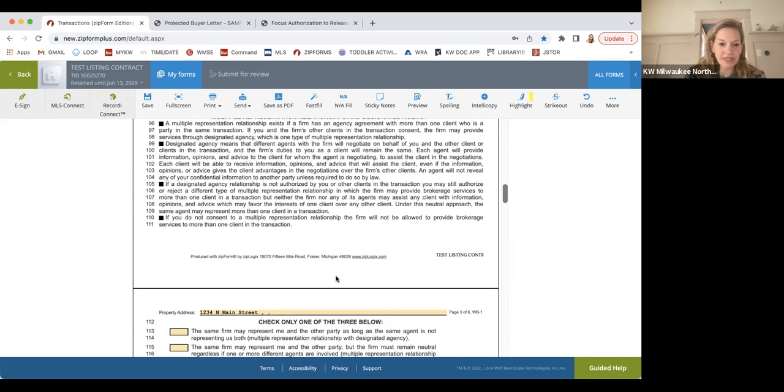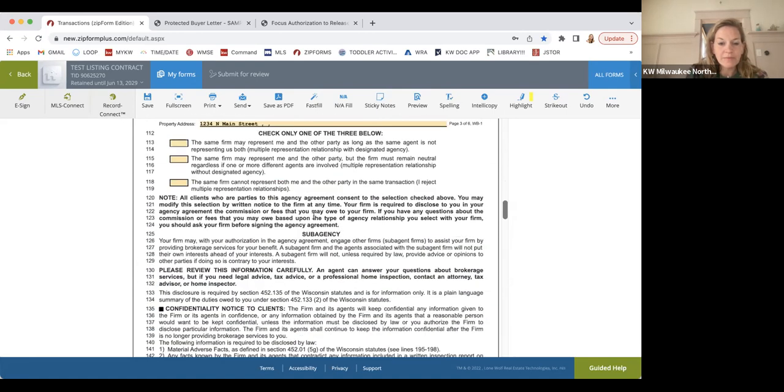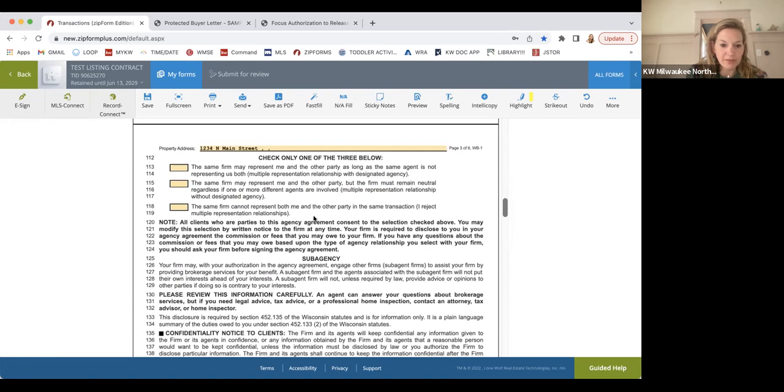So the clients in the transaction have another option though, if they don't consent to that. In this same scenario, if your clients do not consent to that, we would have a transaction without a designated agency relationship. So we would be working in this same scenario as a neutral party, and we cannot give the full scope of our services to our clients if they do not consent to designated agency.